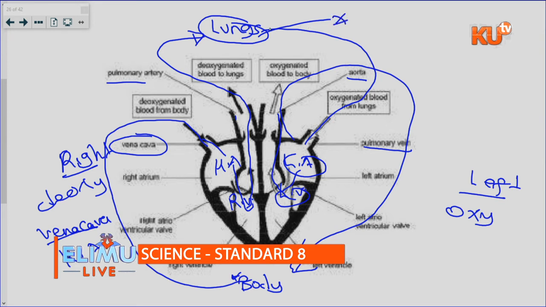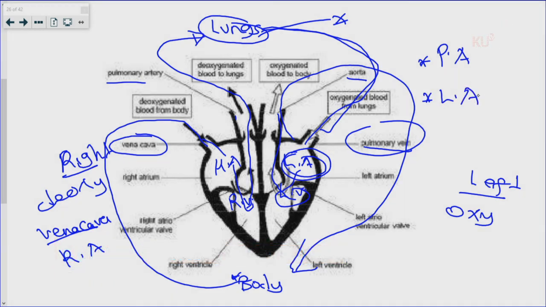So we look at the blood that gets into the heart from the lungs, and that is the pulmonary vein. So the first blood vessel to receive poisonous blood through inhaling is pulmonary vein, while the first chamber is left auricle. Those are questions that are usually set.